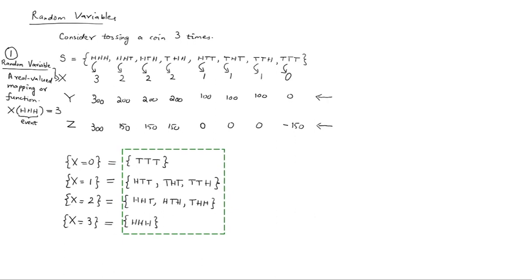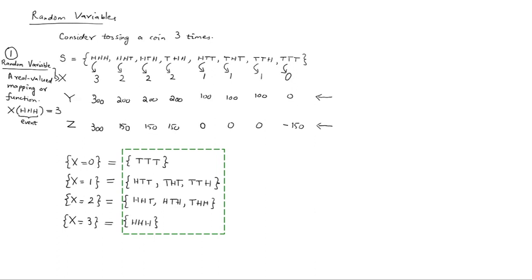If I take their union, do I get the sample space? Yes, sir. Great. So when I take their union, I get the sample space. And are these sets overlapping? Do they have any intersection? No, sir.